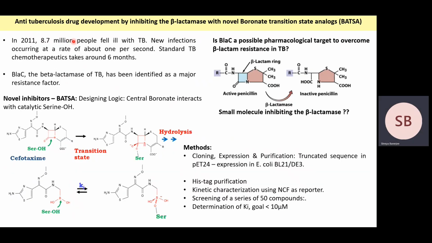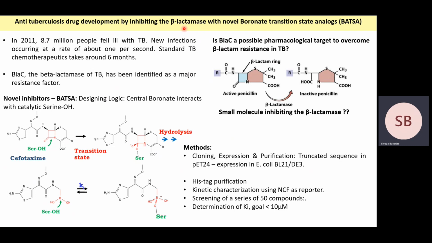Now we have to look at an anti-tuberculosis drug development by inhibiting the beta-lactamase with novel boronate transition state analogs, or BATSA. In 2011, 8.7 million people fell ill with tuberculosis.